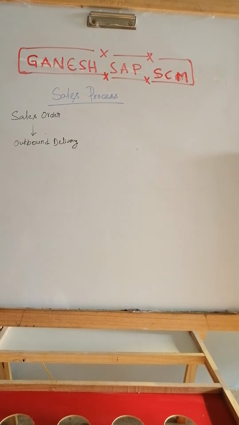Once the outbound delivery is created, for example, a sales order can be created for 100 quantity, but the outbound delivery can be created for 100 quantity, or else they can create it for 60, based on the plan or the available quantity. They can allocate the quantity in that way.